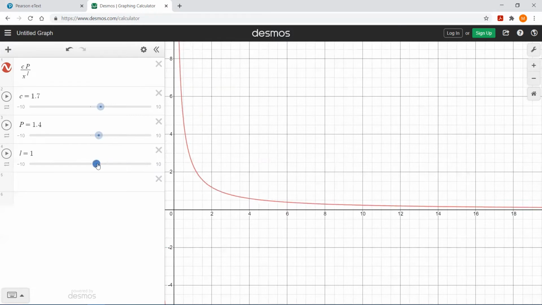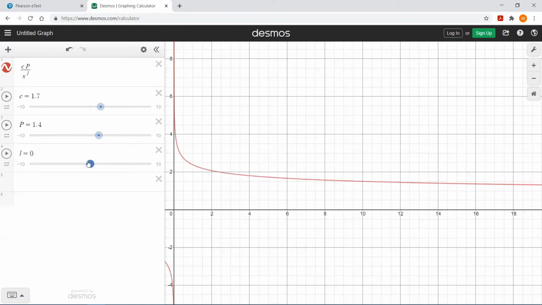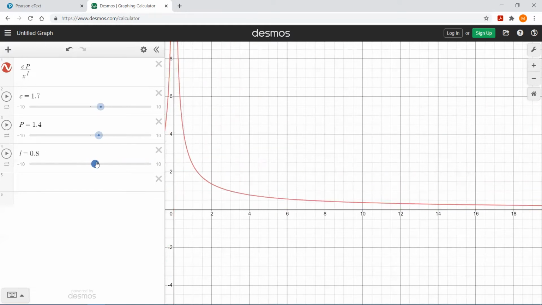So the one we're really interested in is L, that power of R in the denominator. So remember, we're modeling the intensity as being proportional to R to an unknown power, and that power is negative, or you could say 1 over R to an unknown power. So that's more interesting. Whoa.